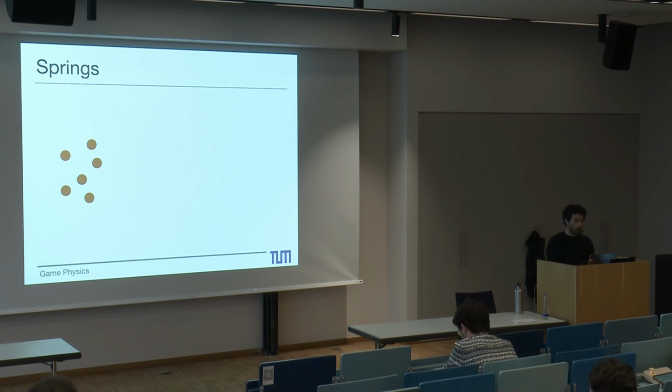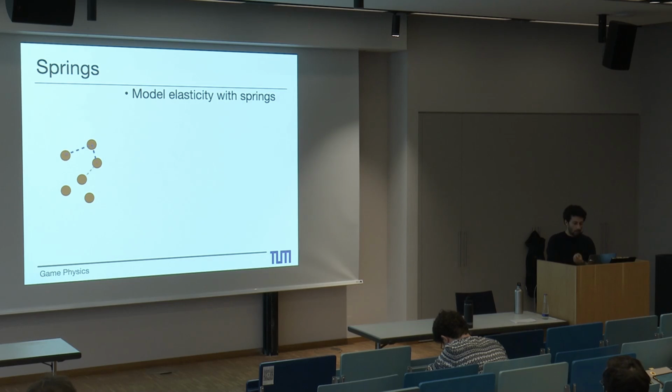So we assume that this body is not completely rigid, which means that we allow the individual masses to move with respect to each other. And in order to model how elastic this body is, we're gonna rely on springs.